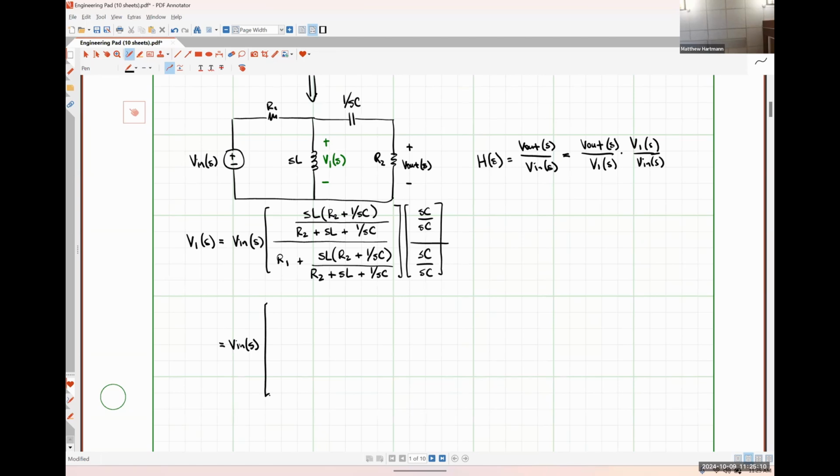It's not going to multiply through by the SL because I'm taking care of that here. So multiplication of this times this whole thing is just going to give me SL times 1 plus SR2C in the numerator of my numerator. Are we okay with that?